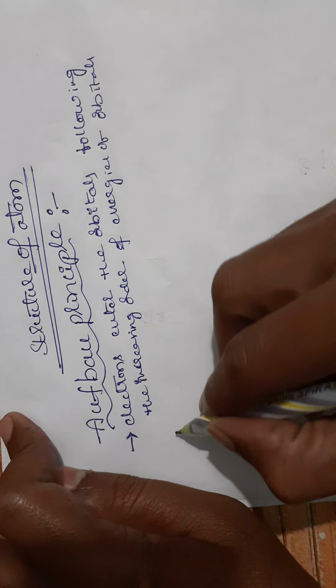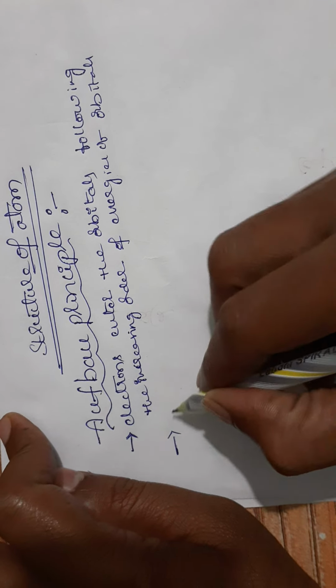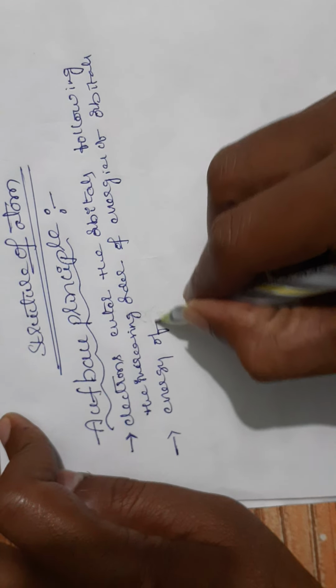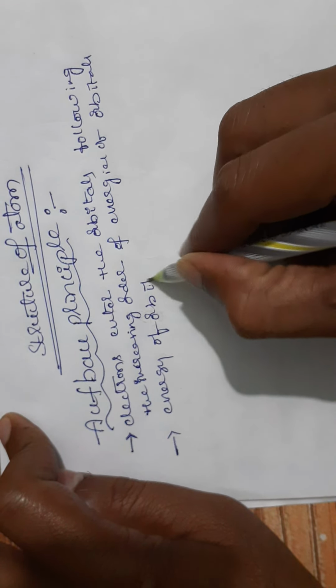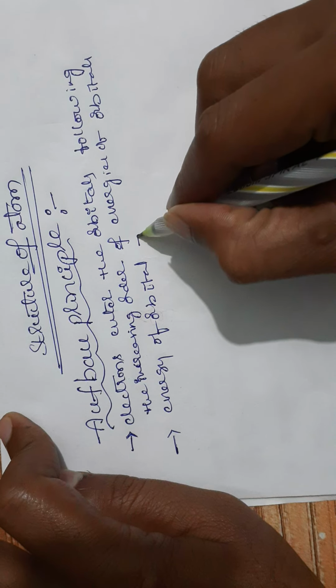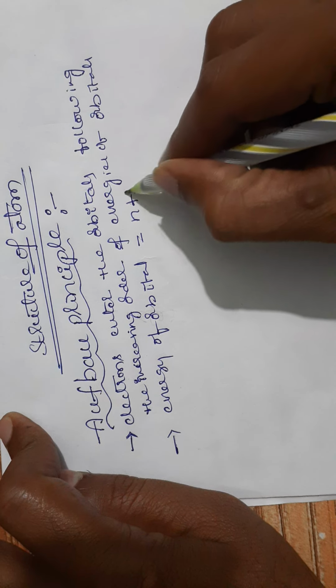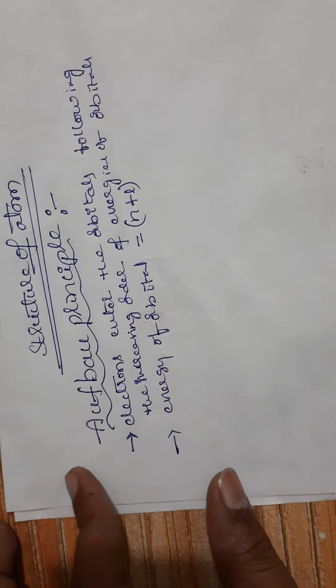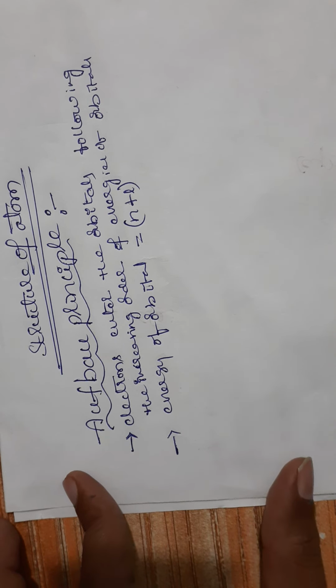It is one rule, students, but the energy of an orbital will be given by the formula n plus l, where n is the principal quantum number and l is the angular momentum quantum number.